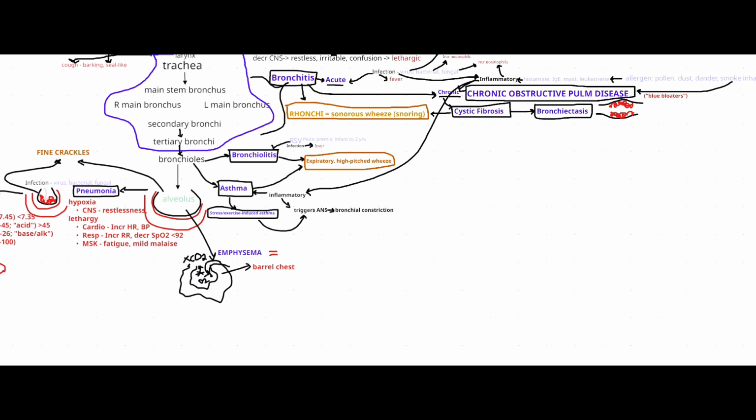So when there's a loss of alveolar wall elasticity, it's not able to, so there's decreased CO2 exhalation, and then there's also going to be an increased what's called residual volume. Okay, this is a fourth semester terminology. What is residual volume? A lot of air stays there, okay?